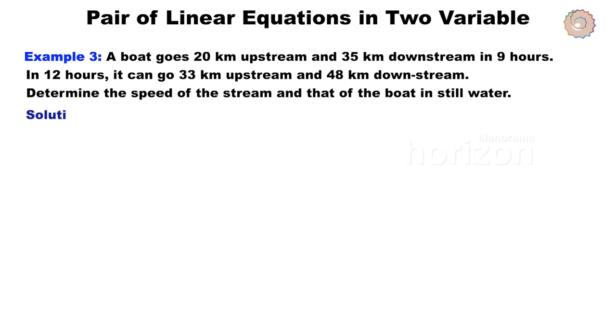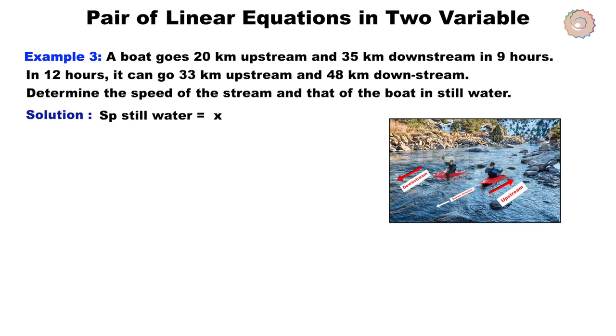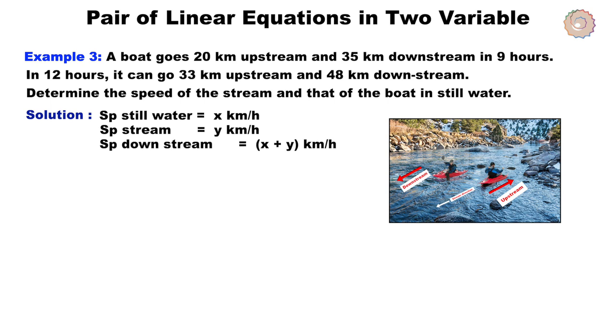Let the speed of the boat in still water be x kilometer per hour and the speed of the stream be y kilometer per hour. Then the speed of the boat downstream equals x plus y kilometer per hour and the speed of the boat upstream equals x minus y kilometer per hour.